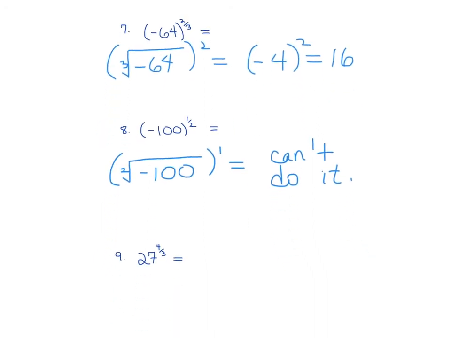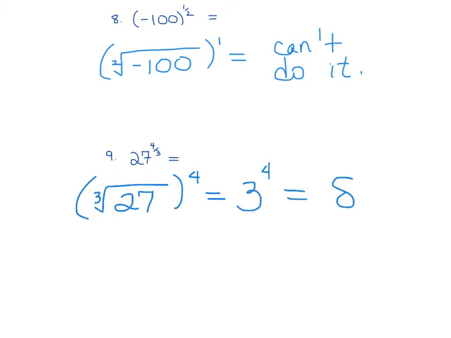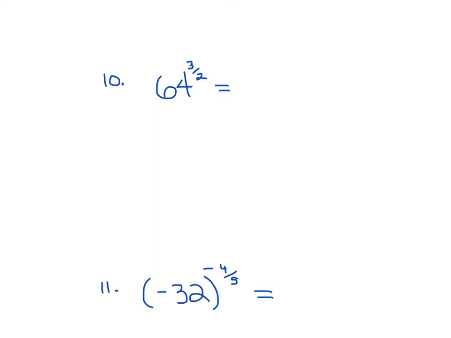Next one, we're going to find the cubed root of 27. Once we get that answer, we're going to put it to the 4th power. So the cubed root of 27 is 3. To the 4th power now is 81. 64 to the 3/2 power.